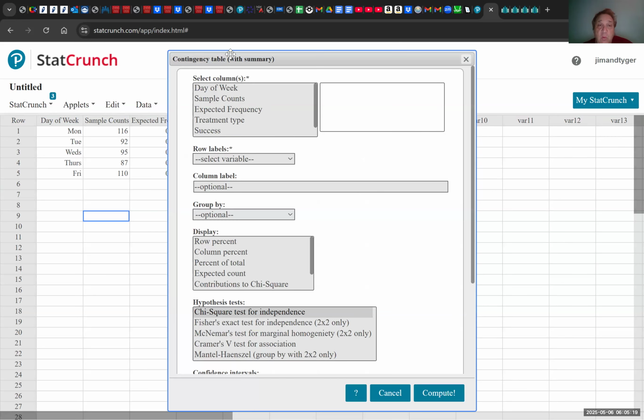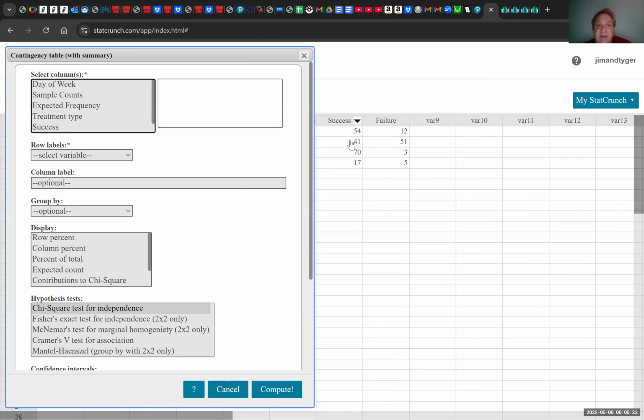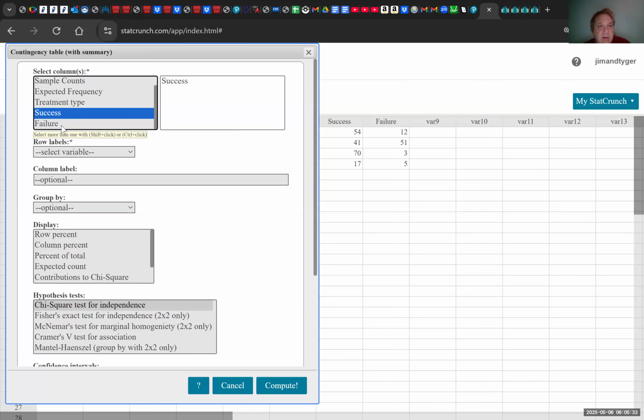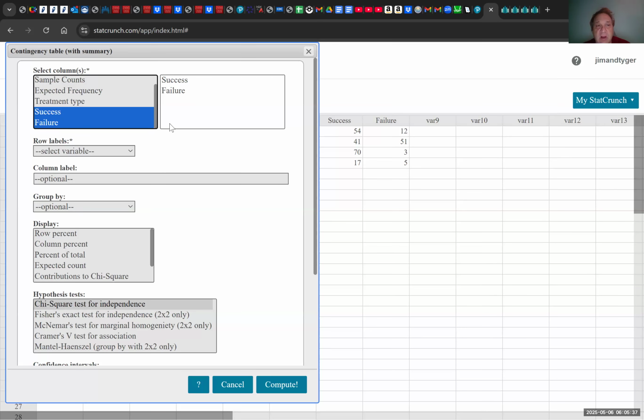And we have success and failure, so I have to go down to success and failure. Those are my two. I have to hold down the control key if it's going to work for me. There we go. Success and failure are the two different columns. And the row labels are in what's called treatment type.